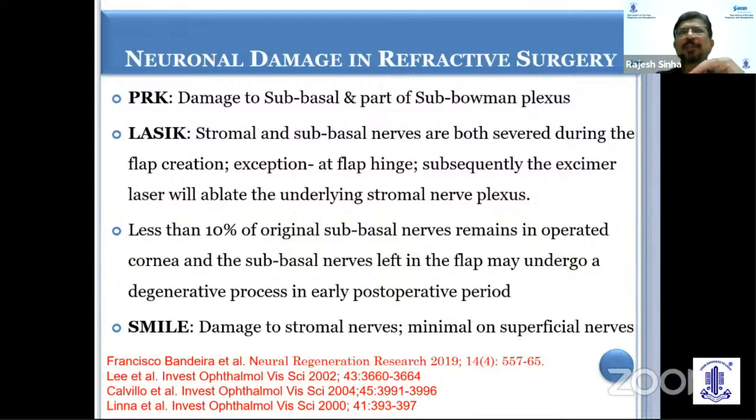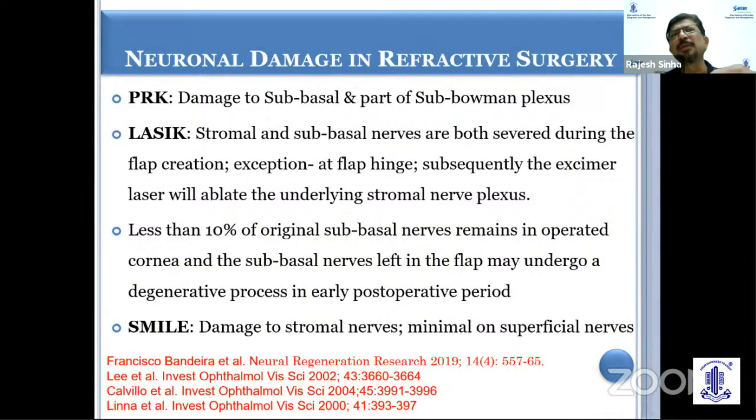Now, in the cornea, you have nerve plexus at 3 levels. One is at the deep stromal level, where the main nerve enters the stroma and gets demyelinated after 1 millimeter of its entry into the cornea, and then forms the nerve plexus in the stroma. Then the branches move up and form the subbowman plexus. And then further branches pierce Bowman's layer and form the subbasal or epithelial plexus.